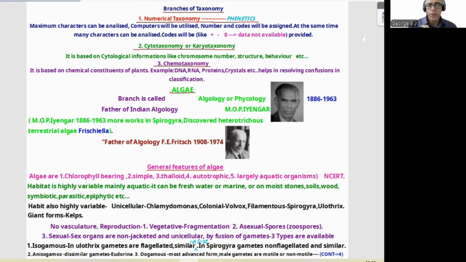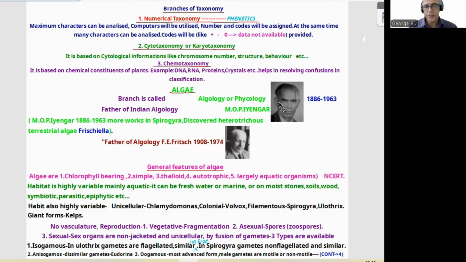Study of algae is called algology or phycology. Father of Indian algology or phycology is M.O.P. Iyengar, 1886 to 1963. He did more work on Spirogyra, different types of conjugation. He also discovered a rare heterotrichous terrestrial alga, Fritschiella.